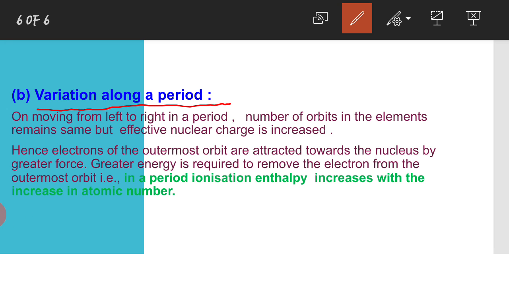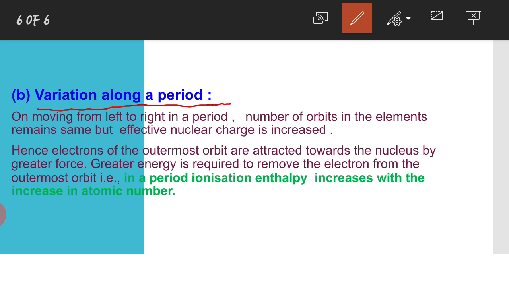Variation along a period. On moving from left to right in a period, number of orbits in the elements remain the same, but effective nuclear charge is increased. Hence, electrons of the outermost orbit are attracted towards the nucleus by greater force.